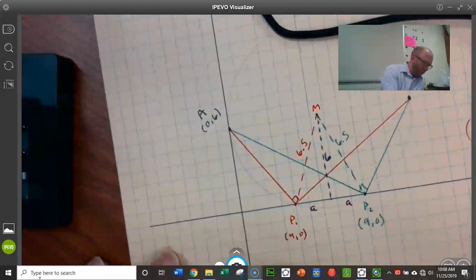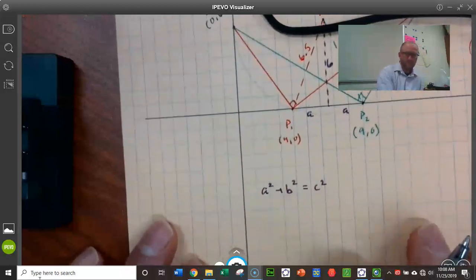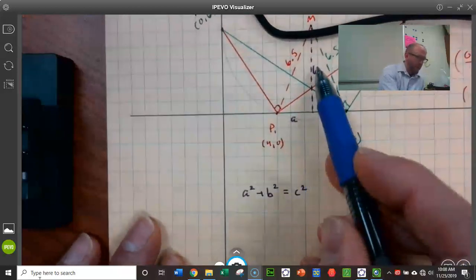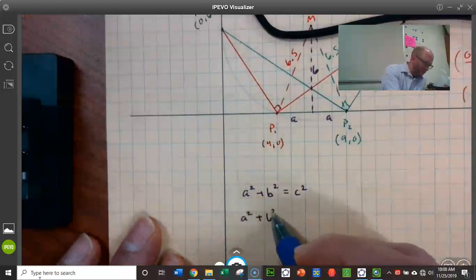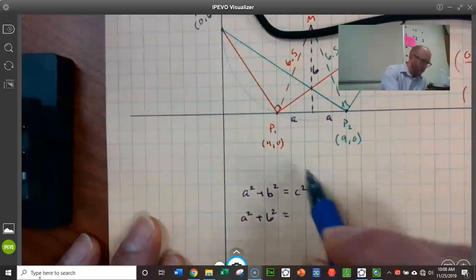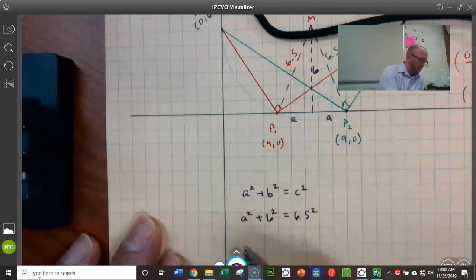So I have A squared plus B squared equals C squared. A is unknown, B is 6. A squared plus 6 squared equals, and C is 6.5, 6.5 squared.